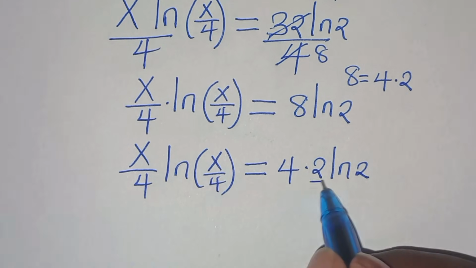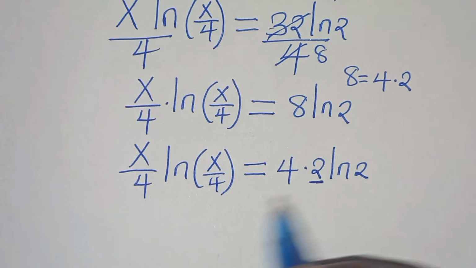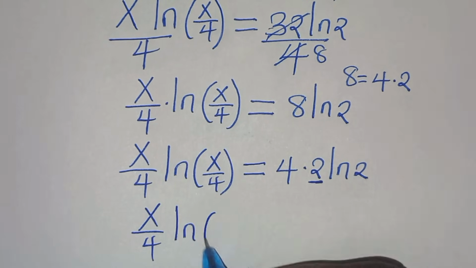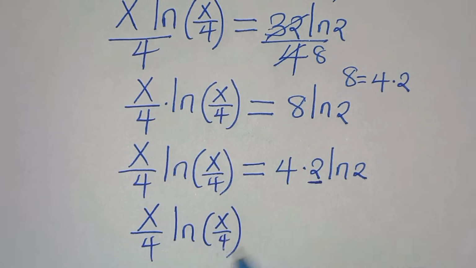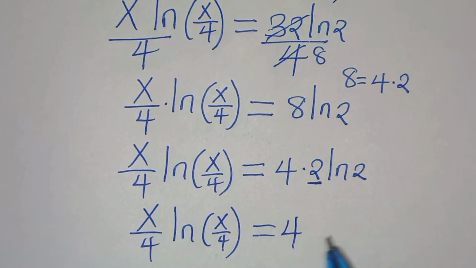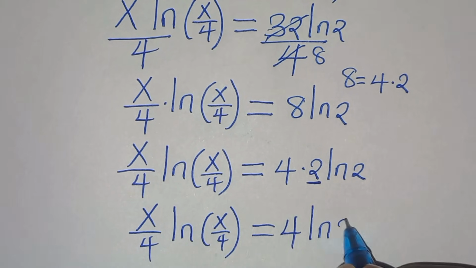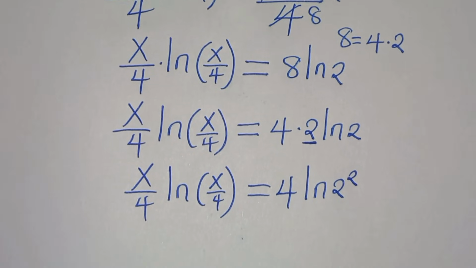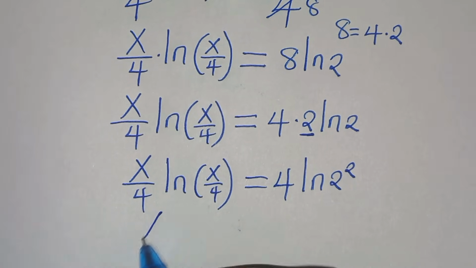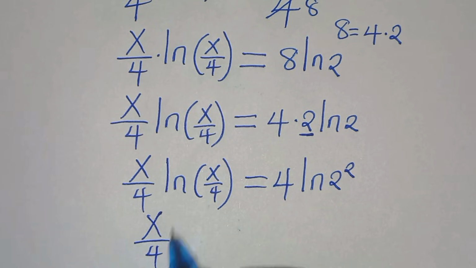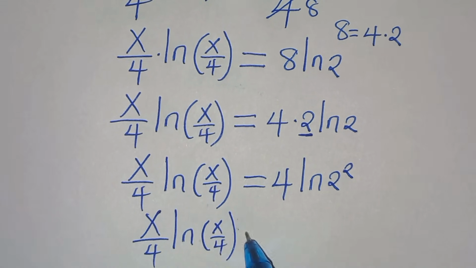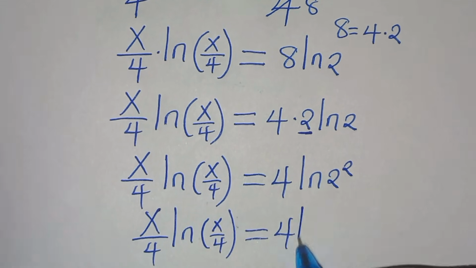Now remember, this 2 here is a power, so we can express this as x over 4, ln of x over 4 equal to 4 multiplied by ln of 2 to the power of 2. And this implies that x over 4, ln of x over 4, is equal to 4 ln of 4.